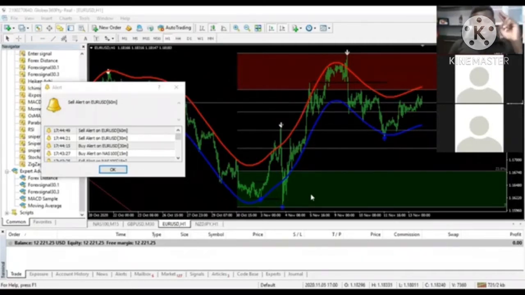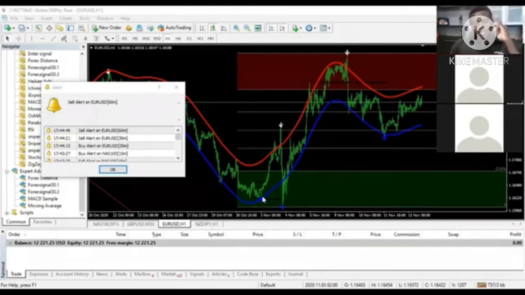Number two, the market itself needs to be playing around the blue moving average, the moving average at the bottom. That's number two. Number three, the buy arrow signal is supposed to pop up for you to enter.